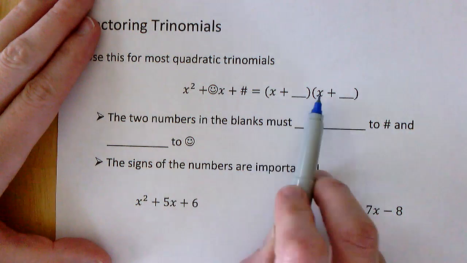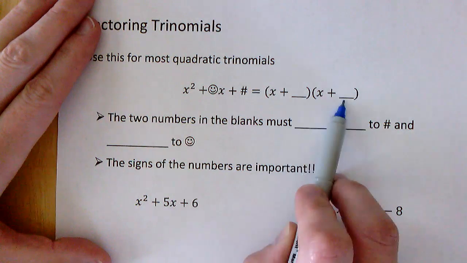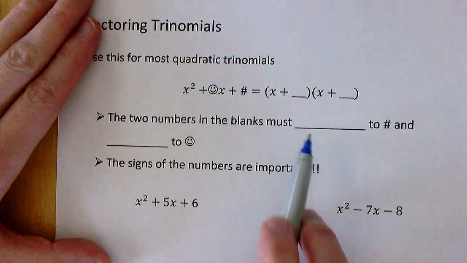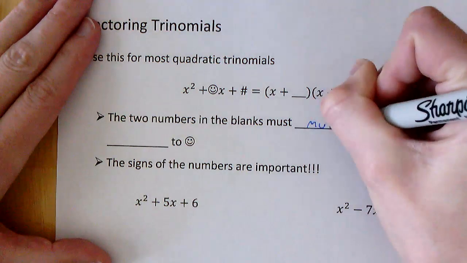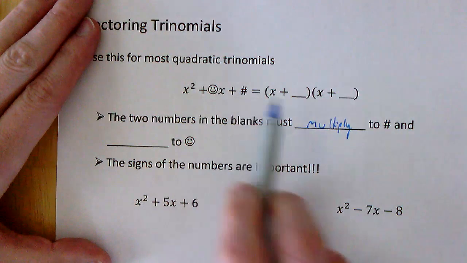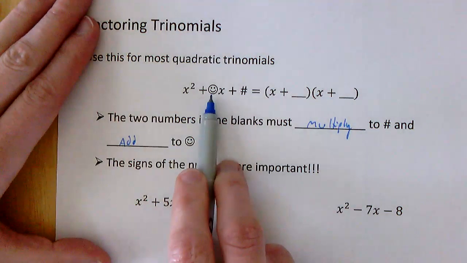They're both going to have an x in them, and we need to figure out what these two numbers are. To figure out the two numbers that go in those blanks, they have to multiply to whatever this number is, and they need to add to whatever this number is.